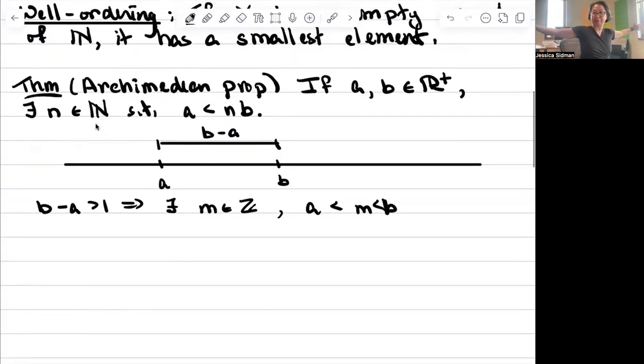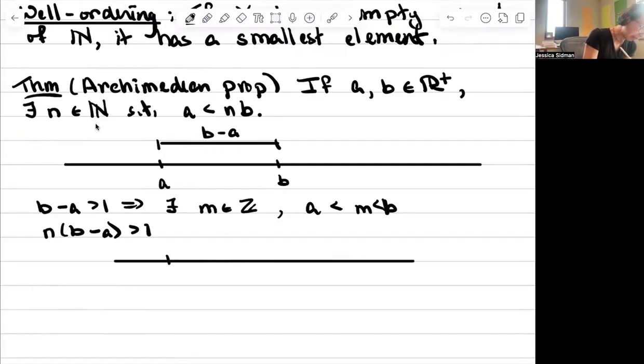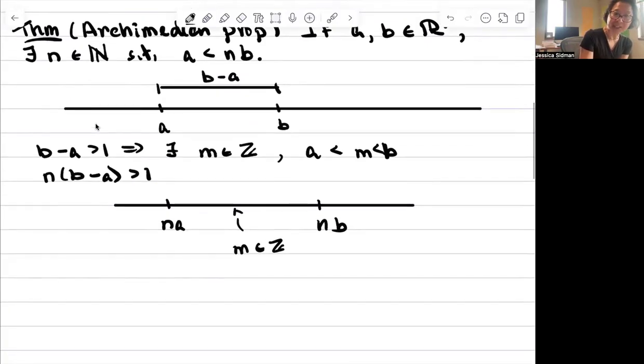I'm going to inflate the interval from a to b, and see if I can make n times b minus a greater than 1. Then I'm going to look at this interval from na to nb, and if n times b minus a is bigger than 1, there's going to be some integer in this interval. And then to find my rational number, I'm just going to divide by n. And so then a is less than m over n is less than b. Okay, so that's my idea.